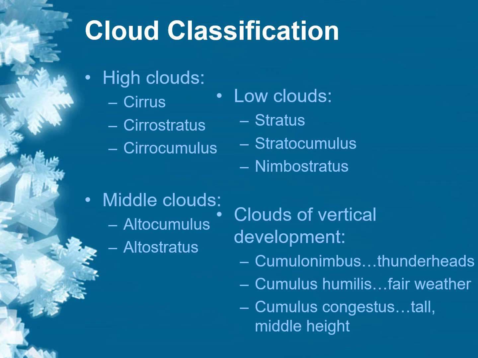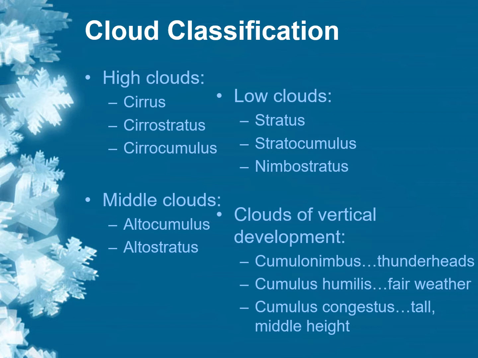Low clouds are going to include stratus stretching across the sky, stratocumulus stretching across the sky but with a cumulus shape, and then nimbostratus, which are going to be your typical rain clouds. Nimbostratus are dark gray, very thick, stretching across the sky. Middle clouds we won't really focus on, altocumulus and altostratus.